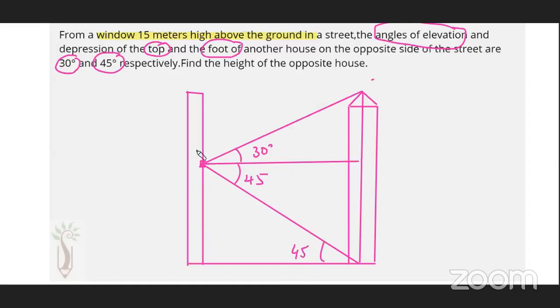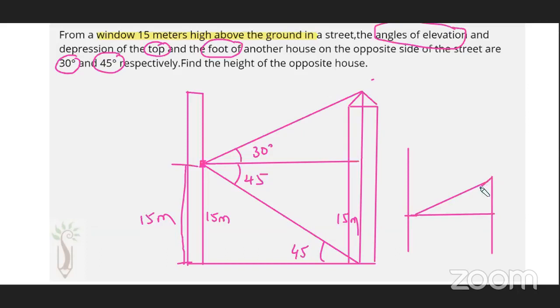Now the question is, how much higher is the window than the ground? This is 15 meter. So if I want to understand the shape, it's like this. This is the window, angle of elevation, and angle of depression.